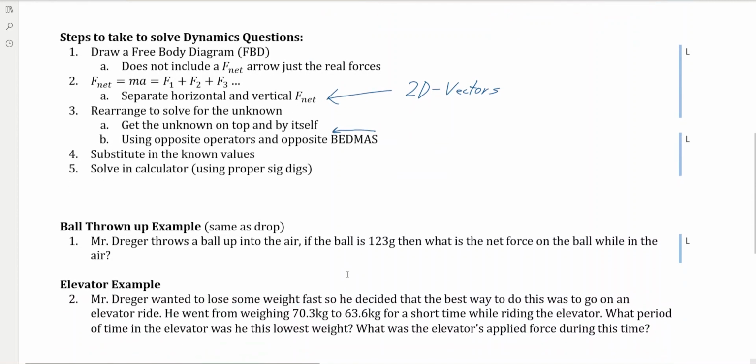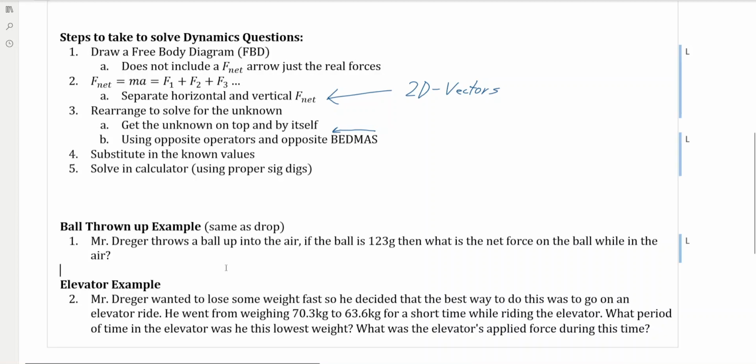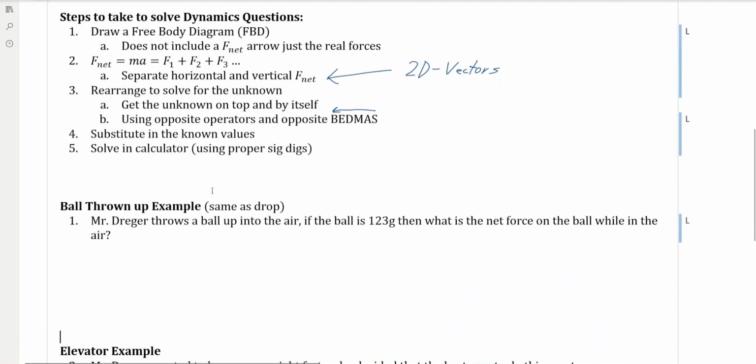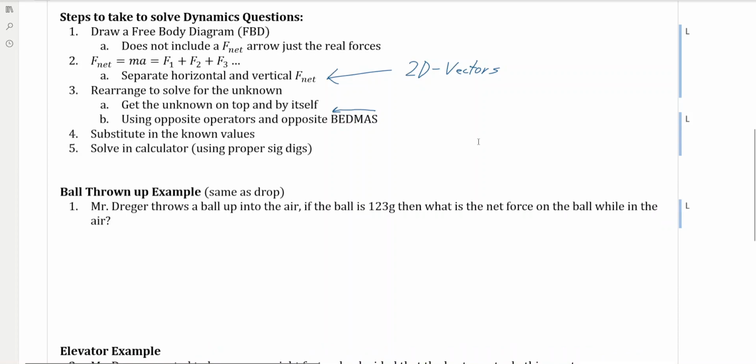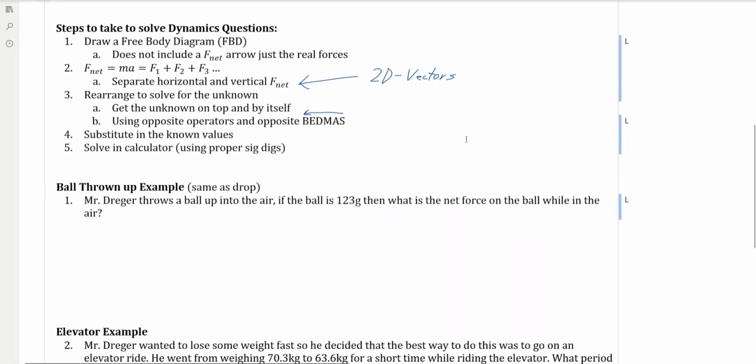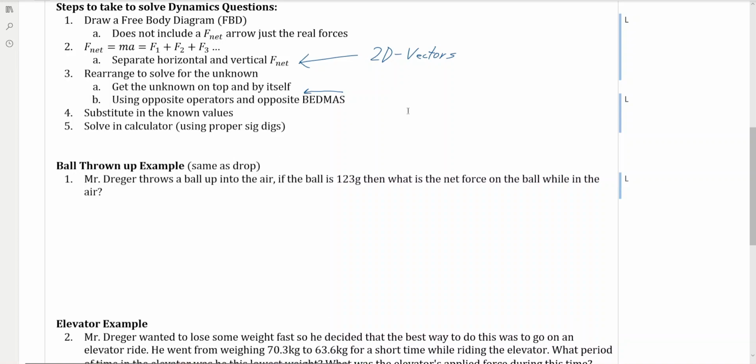So that is exactly the steps that I'm going to take right now. Let's go ahead and try this question out and see if we can answer it.